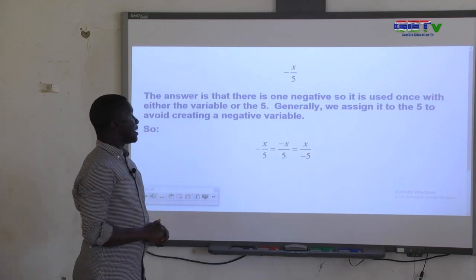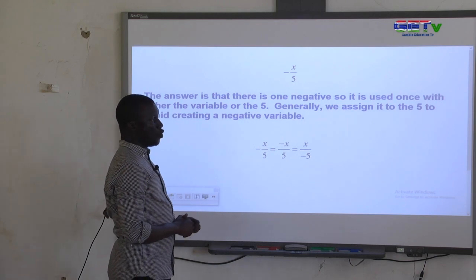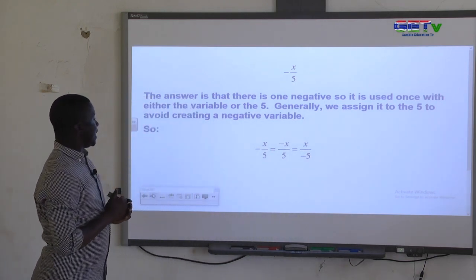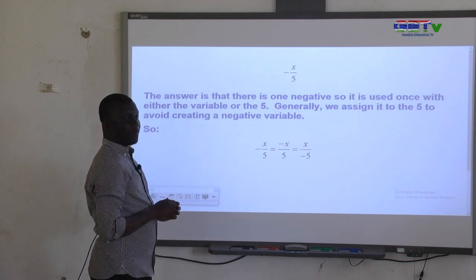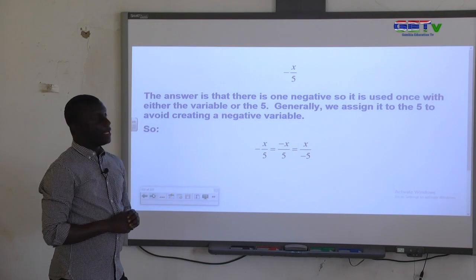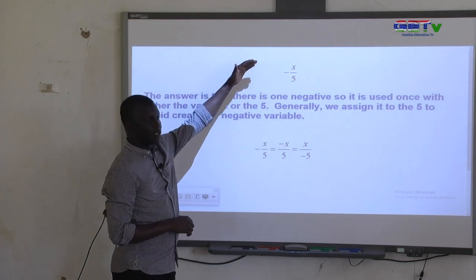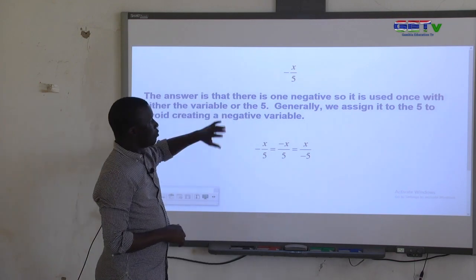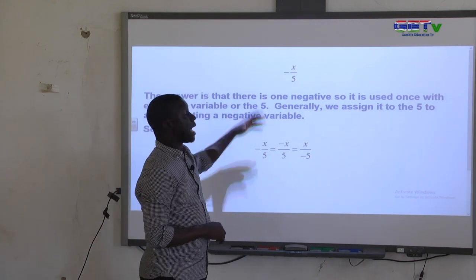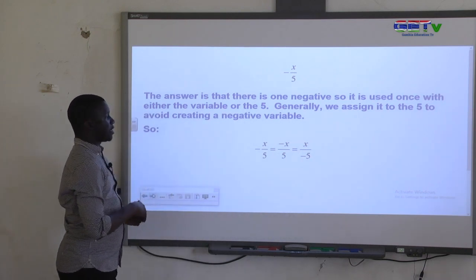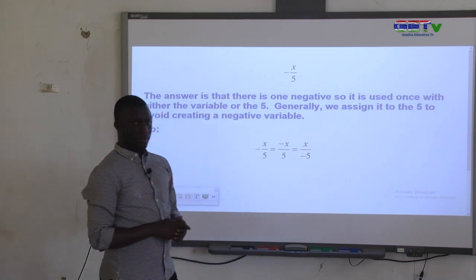The answer is that there is one negative, so it is used once with either the variable or the 5, meaning the negative sign can only be that of the x or the 5, but it cannot belong to both of them simultaneously. Generally, we assign it to the 5 to avoid creating a negative variable.